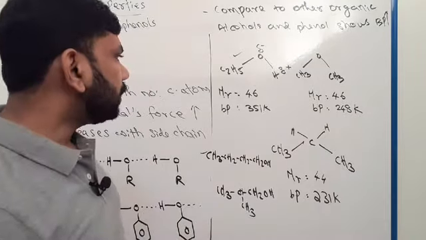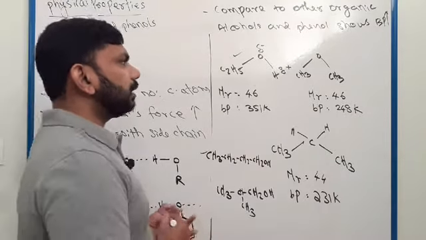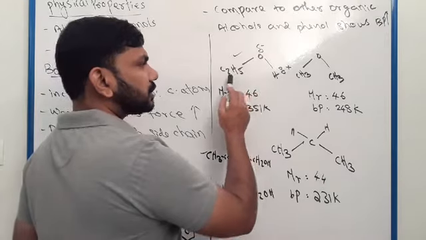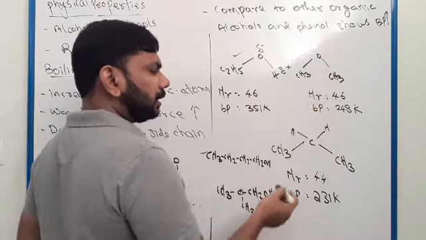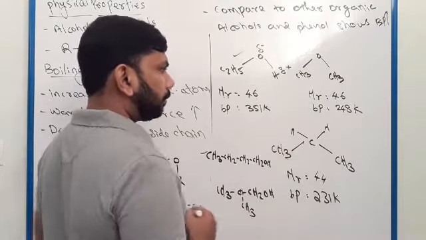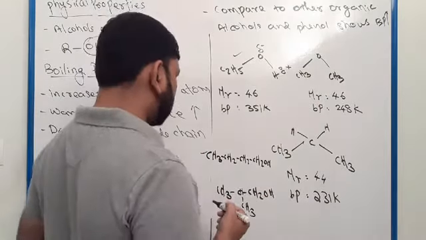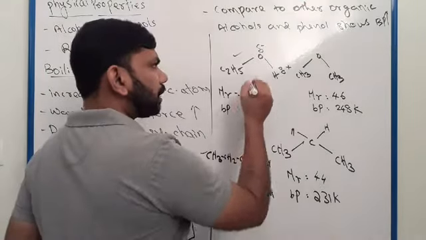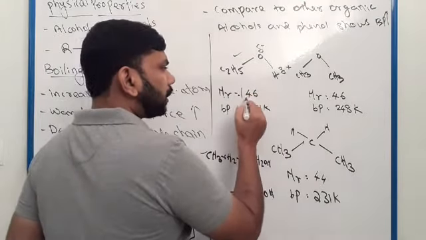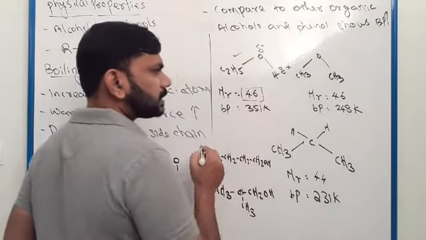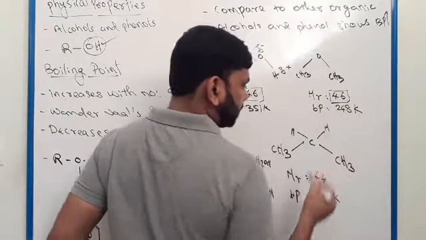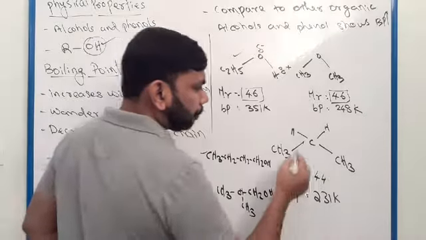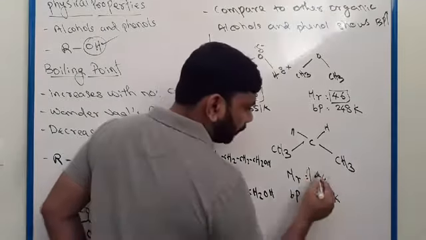Clear? So look here, for example, you have ethanol, C2H5OH, dimethyl ether and propane. When you consider molecular mass, ethanol is 46, dimethyl ether is 46, and propane is 44.